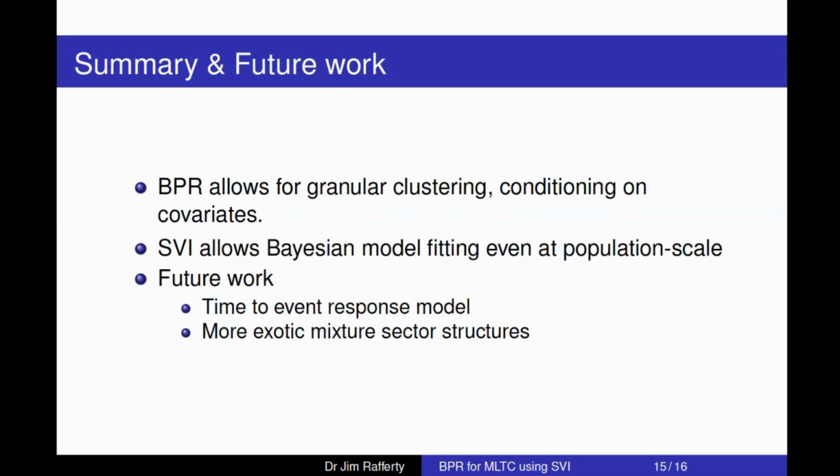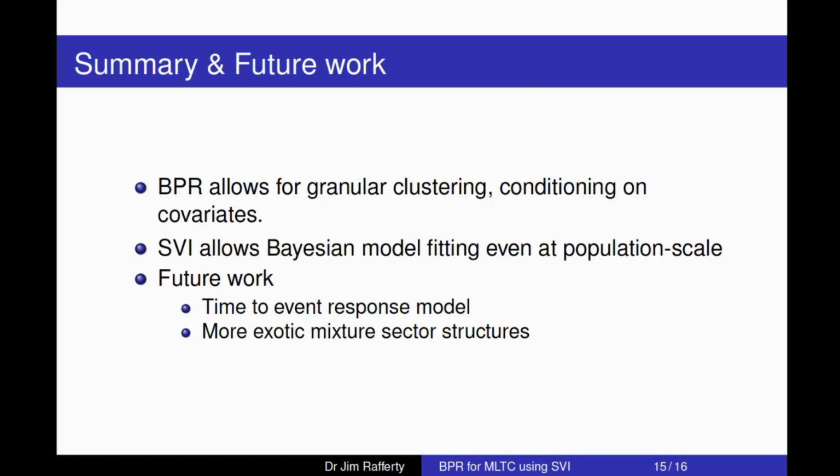Some future work that I think would be useful is to include different regression model responses. There are lots and lots of options there that we could use in the GLM family. Also, time to event models would be quite a useful feature to have. I should also say that all of those responses are supported by the PReMiuM package.